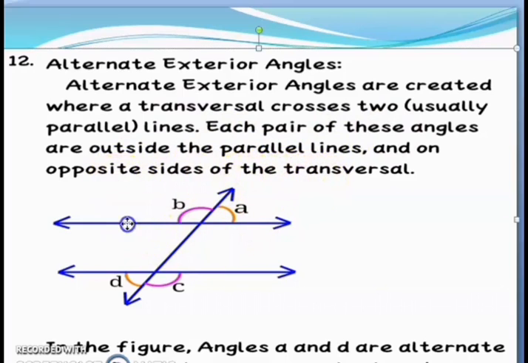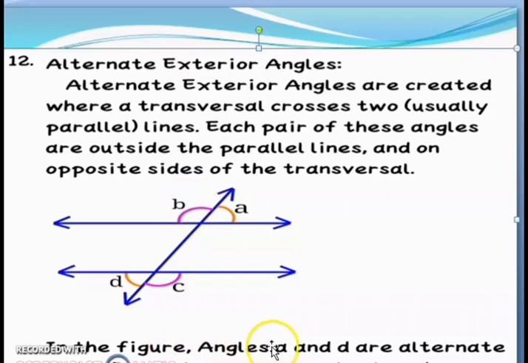Here are these two parallel lines, and a transversal intersects the two parallel lines, and four angles have been created this time: angle A, angle B, angle C, and angle D. These angles are outside the parallel lines and are on the opposite sides of the transversal.